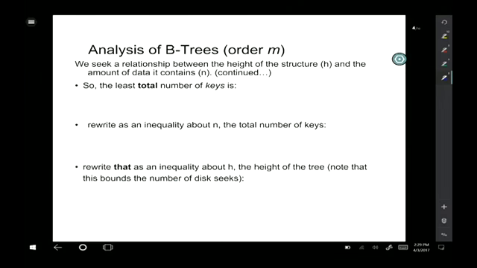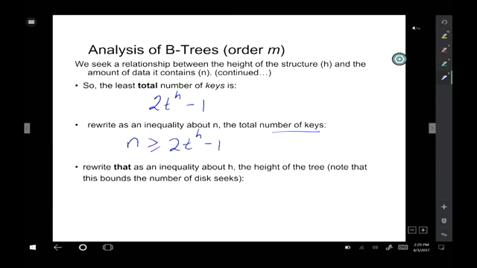Okay, so this is rewriting pieces of this. The least total number of keys is 2 times t to the h minus 1. But our real number n is at least that, because that was the smallest number.